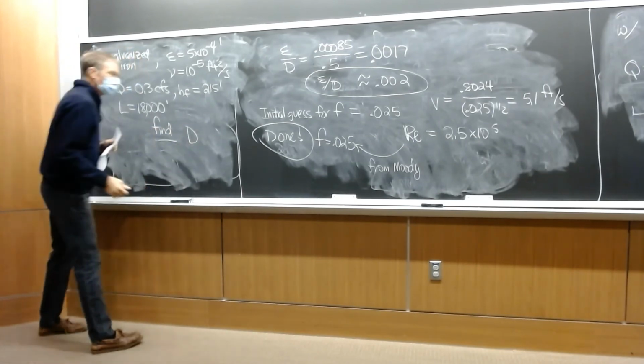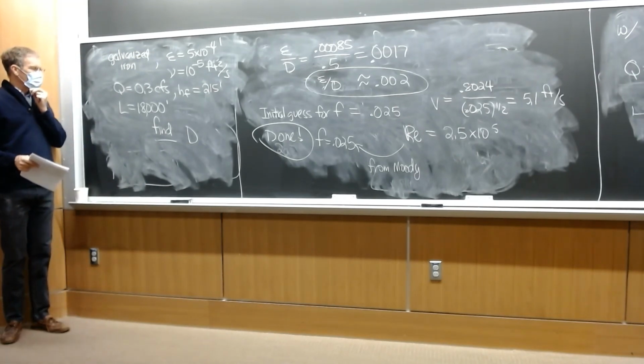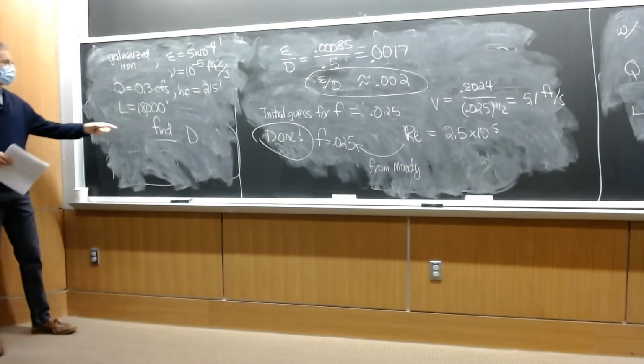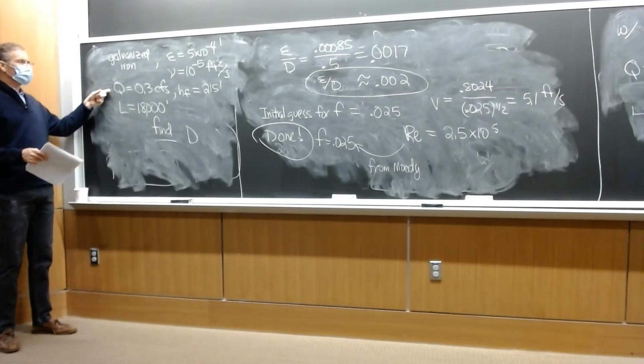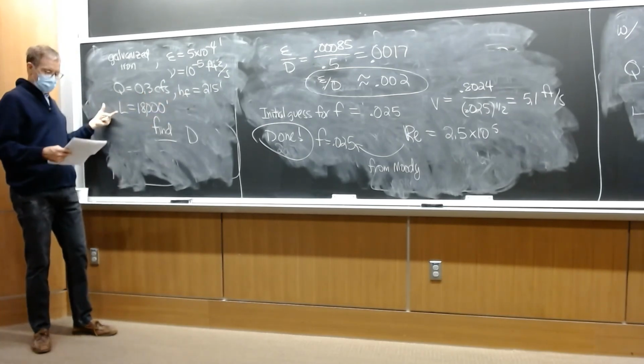And we're asked: what's the smallest commercially available pipe that will give you this much flow with that much head loss over that length?